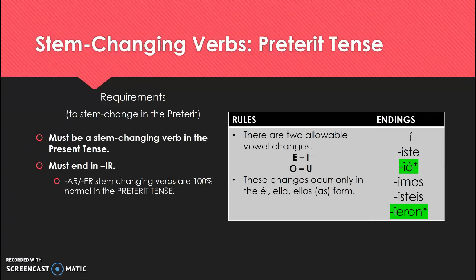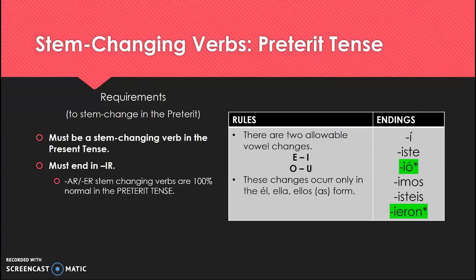Now, those verbs could potentially stem change in the preterite, but we have certain requirements that are needed. First off, it must be a stem changing verb. We can't spontaneously make a verb a stem changer. So if it was in our original list of E to IE, E to I, O to UE, or U to UE verbs, it could potentially qualify.